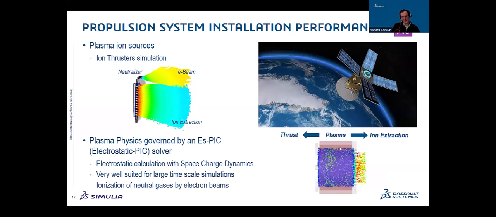So you can create a plasma from a discharge in this plasma chamber, and then you extract the ions, and this process of extracting the ions creates a thrust that you can then estimate in post-processing, because you have formulations with a current that you can use to calculate the thrust. So this is something that we can consider if you are interested in designing such devices.